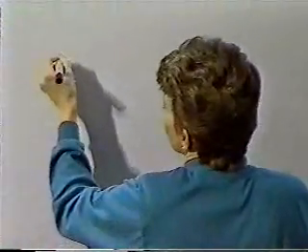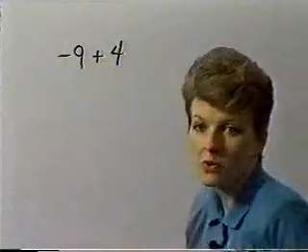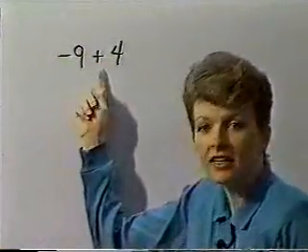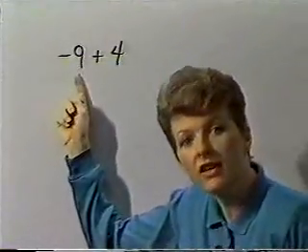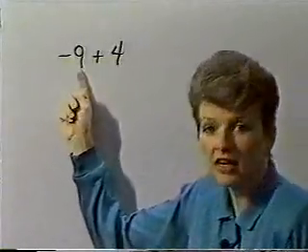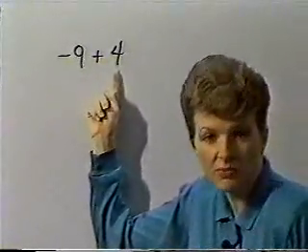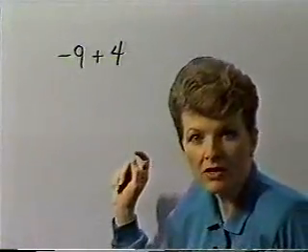Next, I'd like to look at negative 9 plus 4. I'm adding again, but now I'm adding 2 numbers with unlike signs. Remember, this 4 is a positive 4. You take the absolute values again.